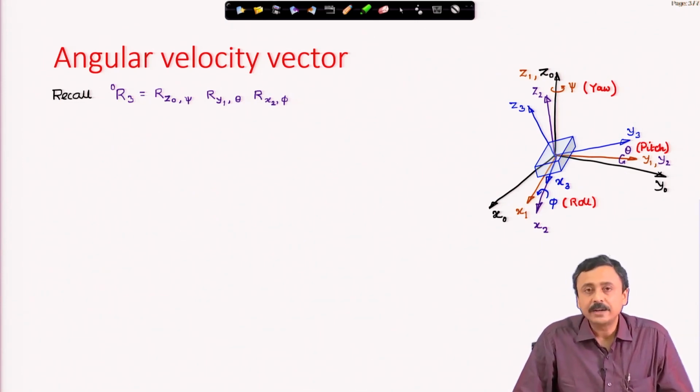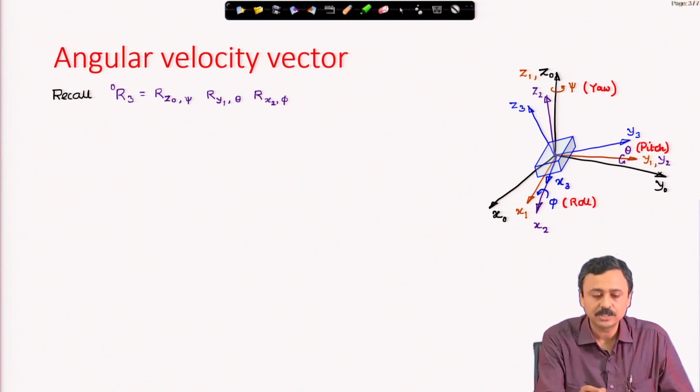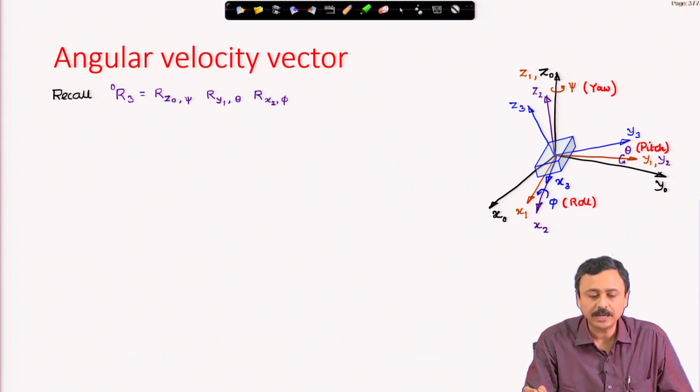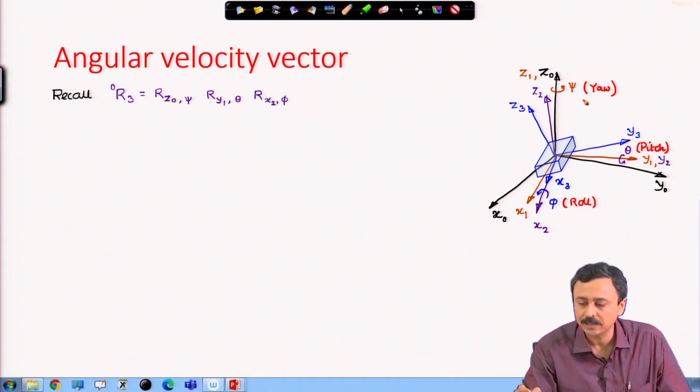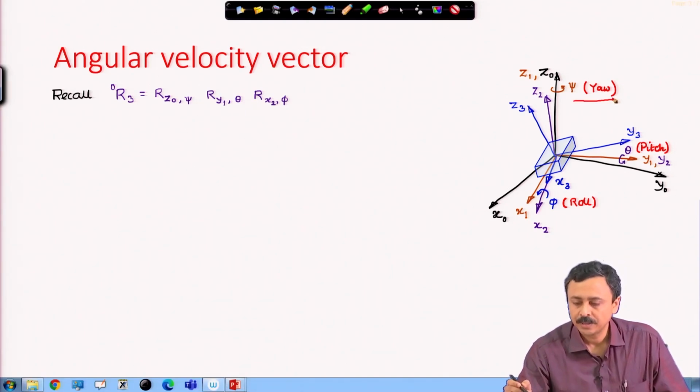Now, this part we had discussed in a previous lecture. You have to recall that the rotation matrix, which represents an orientation of the body in terms of the yaw, pitch and roll coordinates, was obtained like this: we first rotate about the z naught axis by an angle psi, which is the yaw angle.